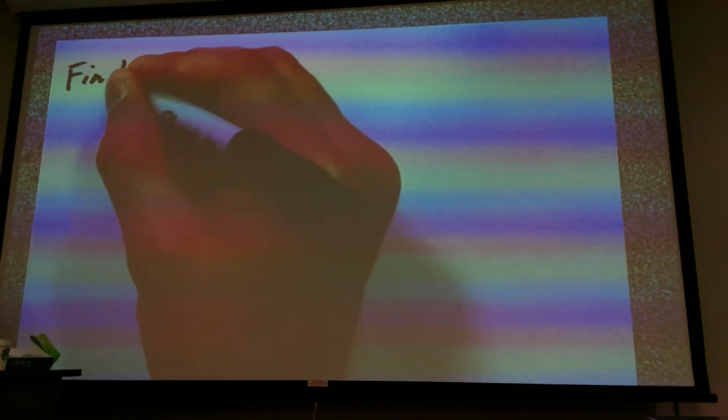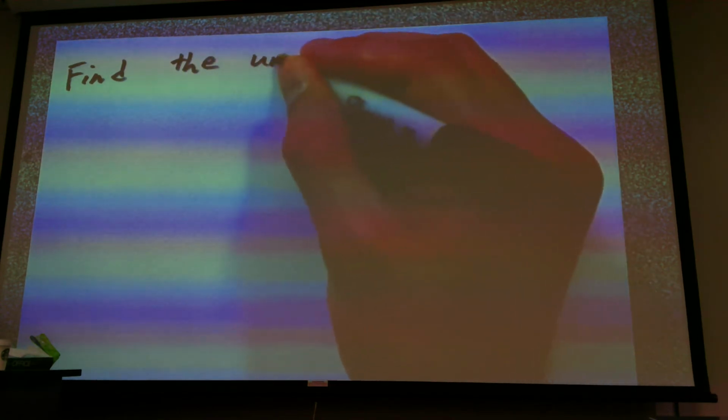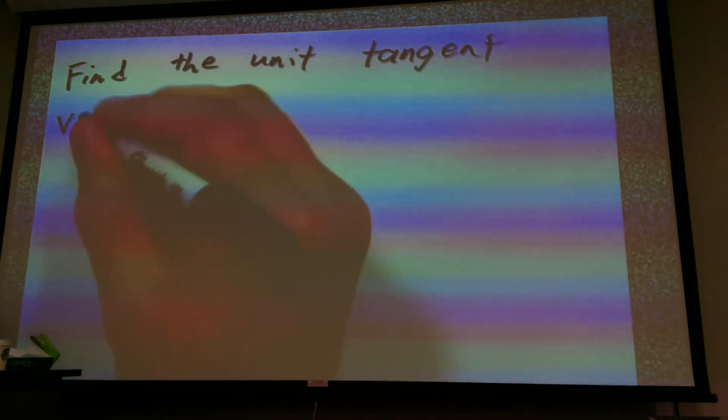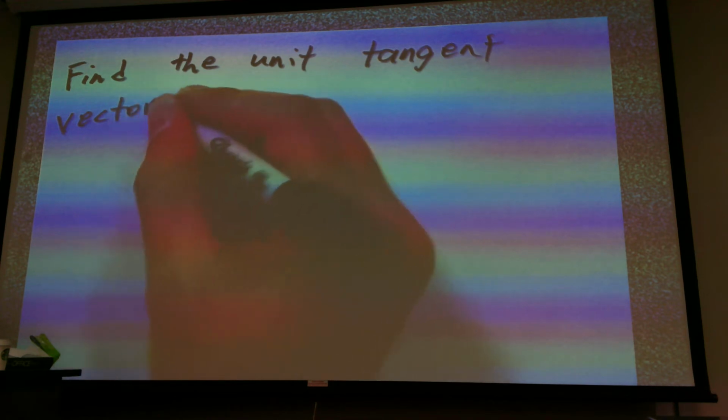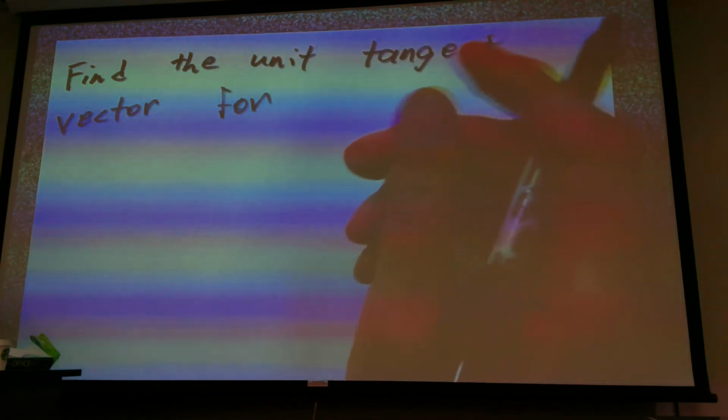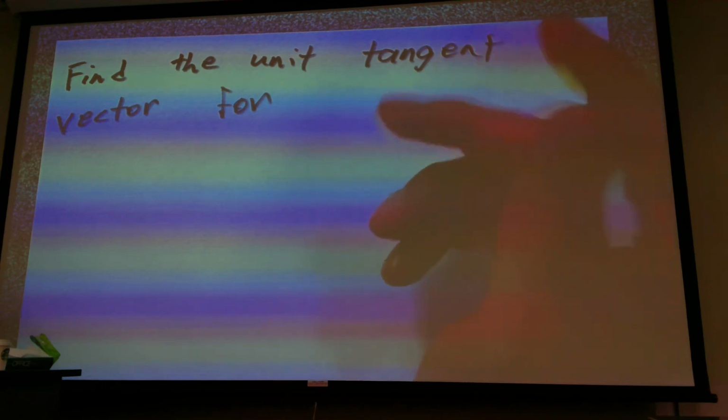Okay, so let's find the vector for, let's say, and this is going to be a general one, the unit tangent vector at any point.